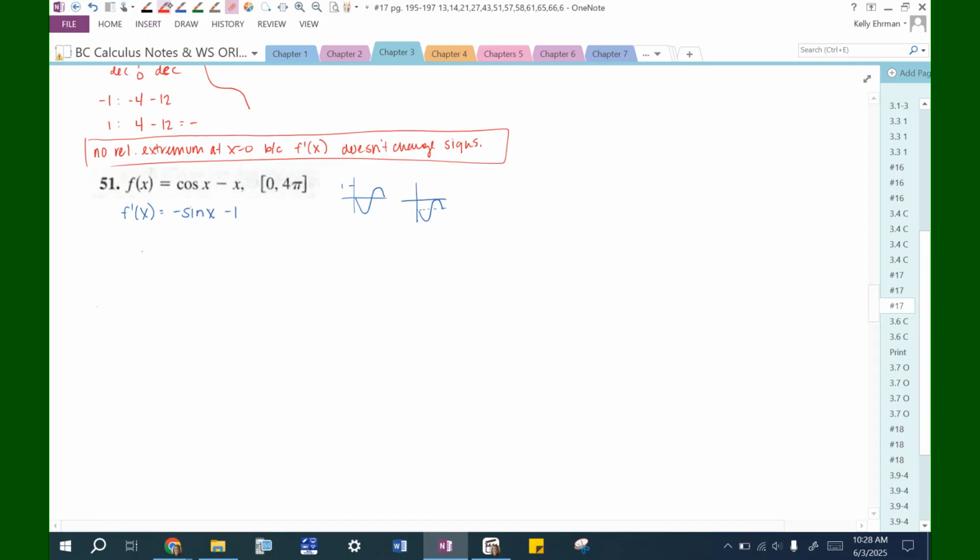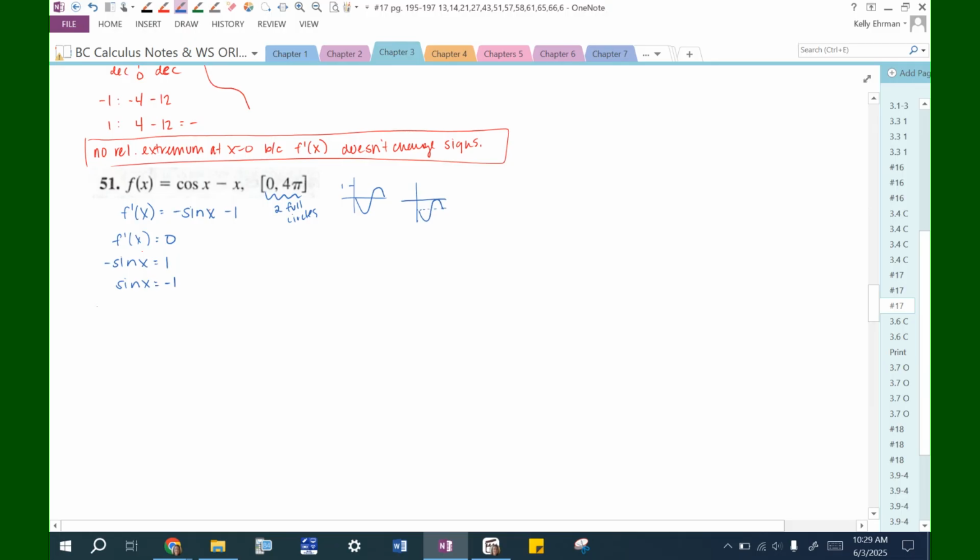Okay, so when is this equal to 0? Sorry. F prime of x, find the critical numbers. When is that equal to 0? That's when negative sine x equals 1. That's when sine x equals negative 1. We're on 0 to 4 pi, so this is 2 full circles. We need to give 2 answers here.